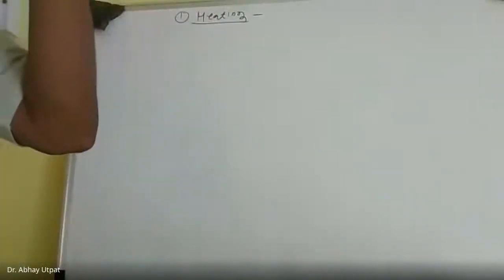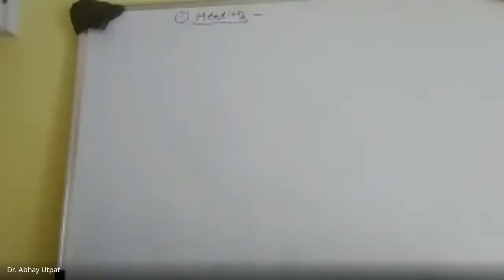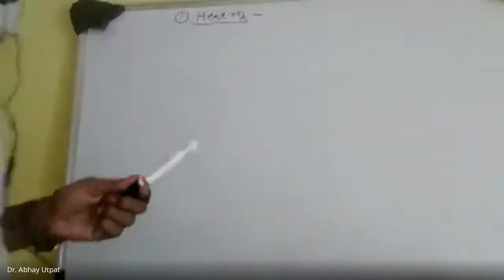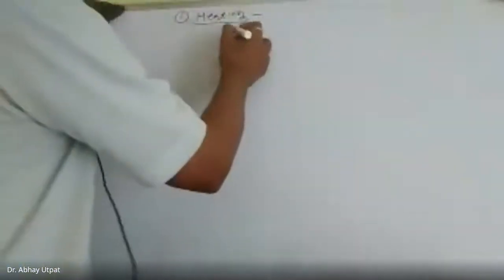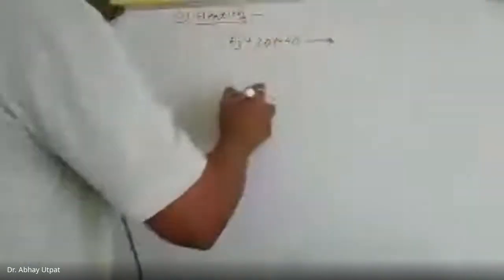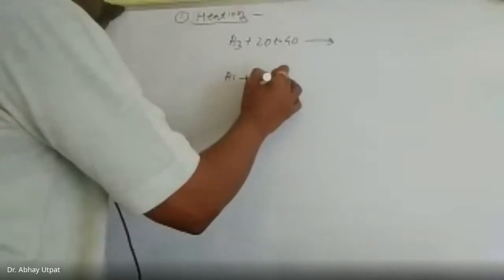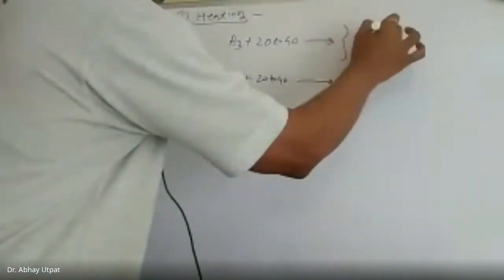It consists of heating of the steel to the predetermined temperature. Now, what is the predetermined temperature? A3 plus 20 to 40.